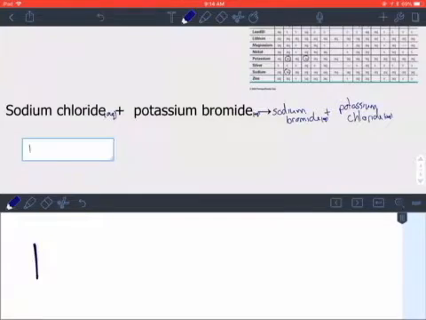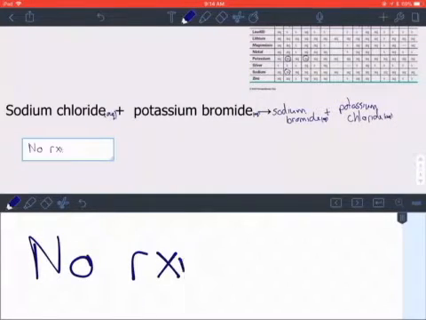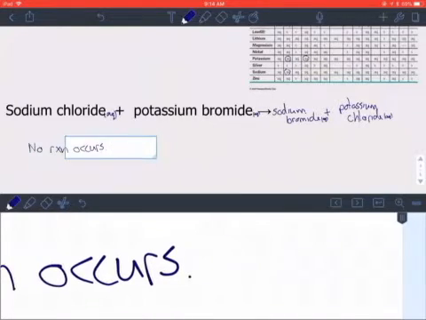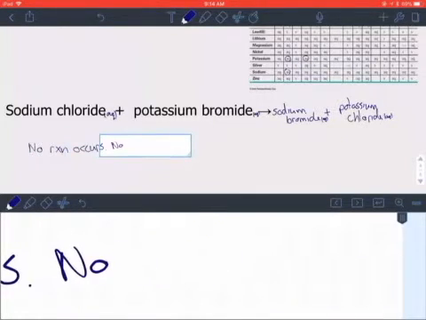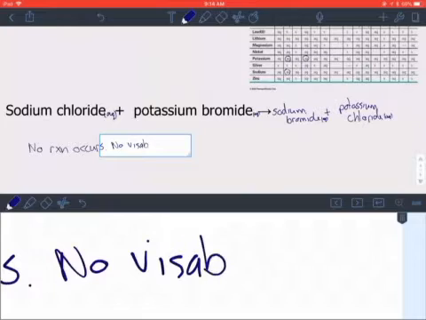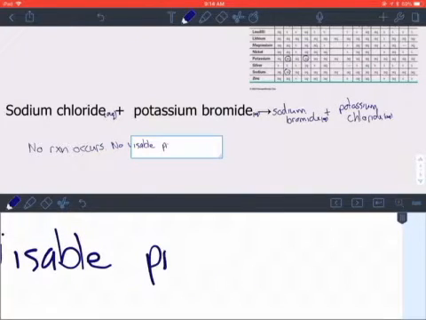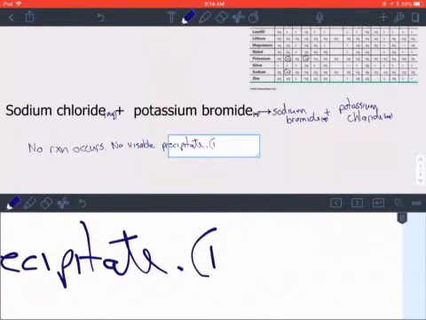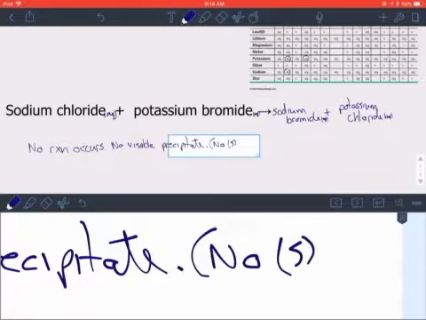So, in this case, no reaction occurs. Okay? There is no visible precipitate. All right? And why is that? Basically because there are no solids.